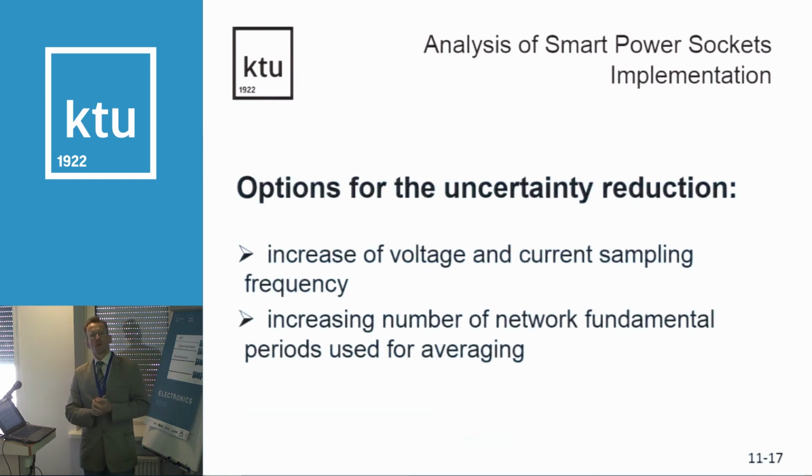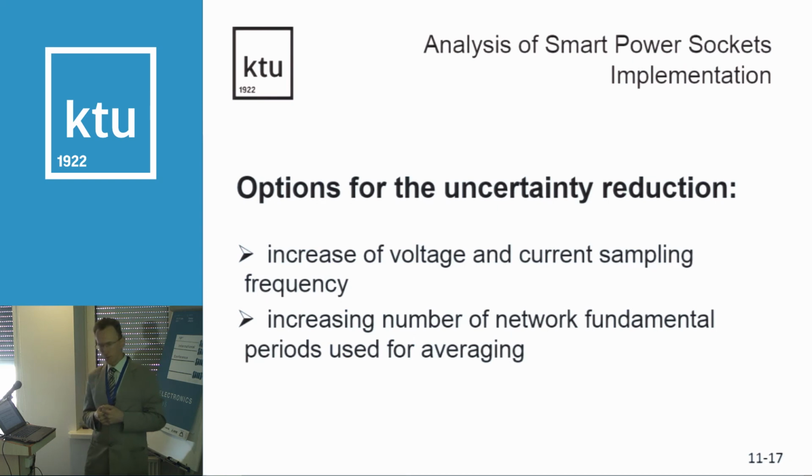An option for the reduction of these errors, of course, is to increase the sampling frequency, because if we go back to that formula, we see the sum, and uncorrelated values are summed, so it is a sort of averaging. We increase the samples per period and we average more.